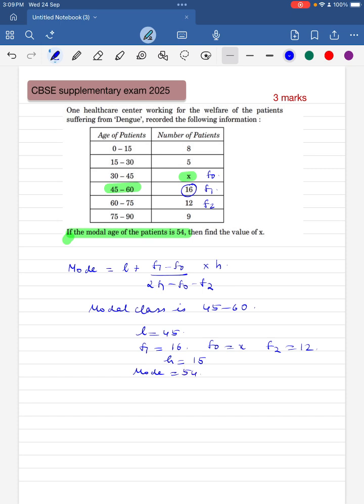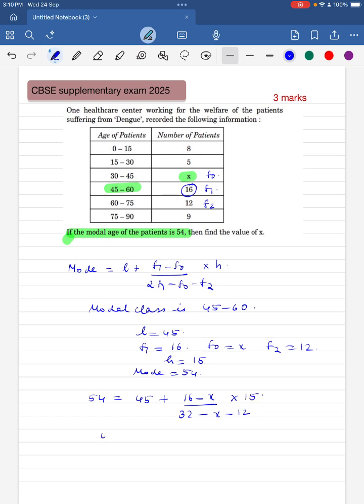So let's plug in all of these values in the formula. So 54 is equal to L, which is 45, plus (16 minus x) divided by (2 times 16, which is 32, minus F0 which is x, minus 12), times H. H here is 15.